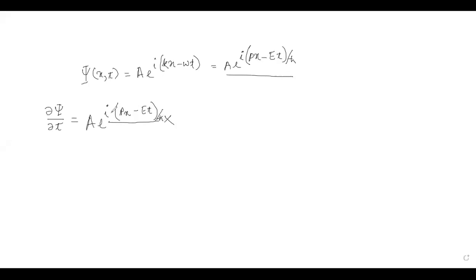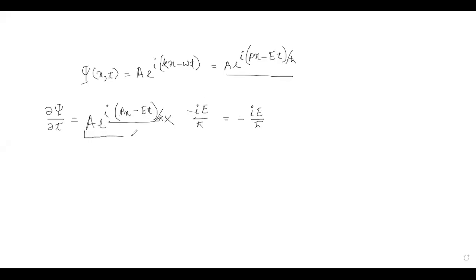Now you differentiate this exponent term with respect to t, and what will you get? You get minus i E by h bar. So this is equal to minus i times E by h bar.